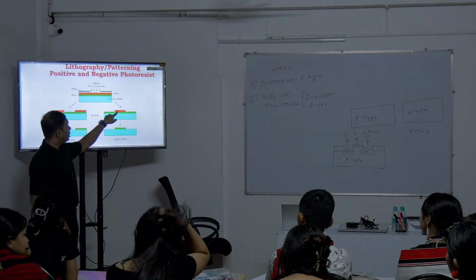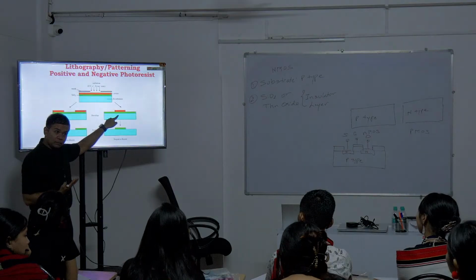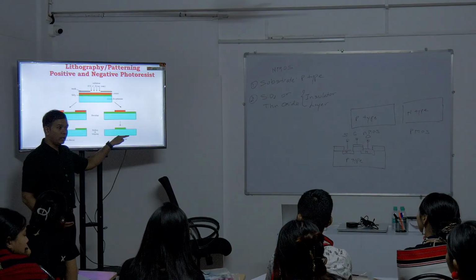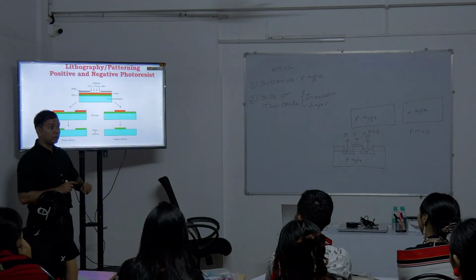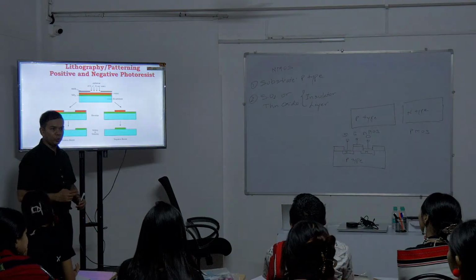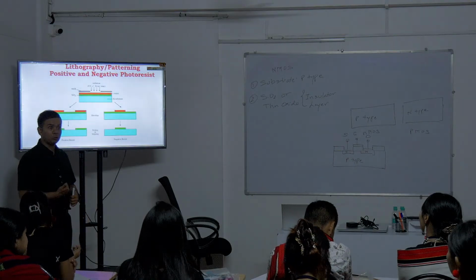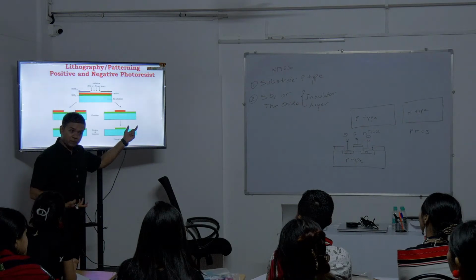As I already said, the red portion, which is the photoresist, acts like our parent. This silicon dioxide layer is the children, right? If some gangsters come from outside and want to shoot you, your parents will not allow that. So this photoresist layer is protecting it.